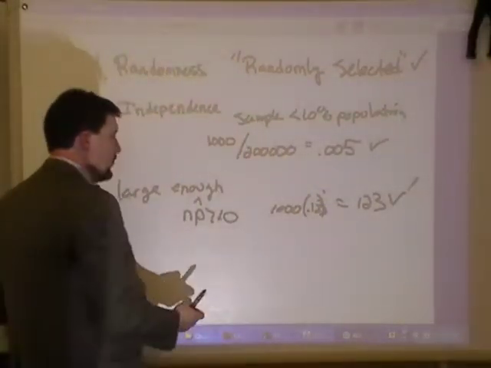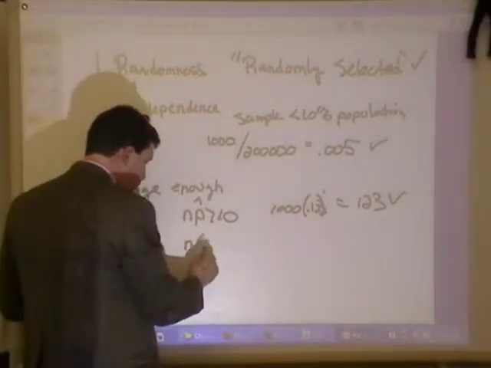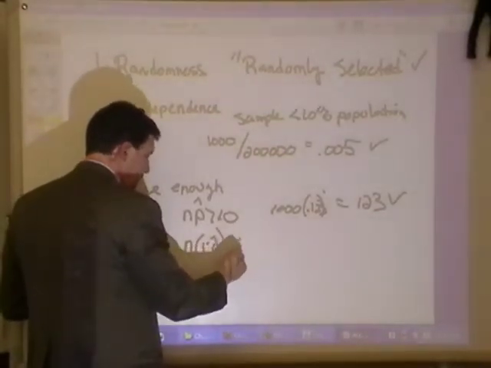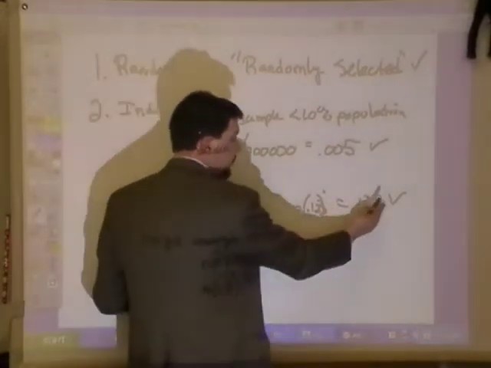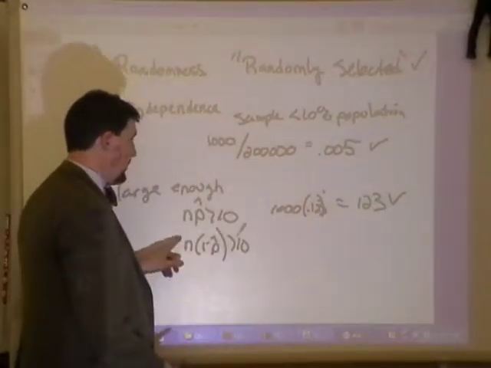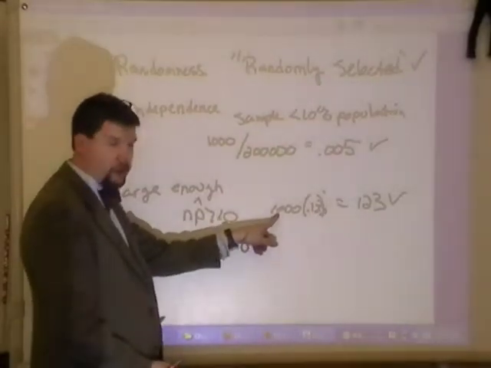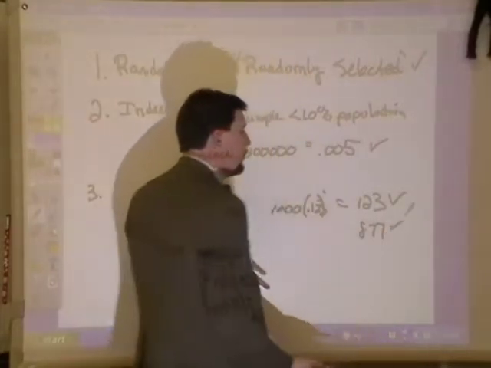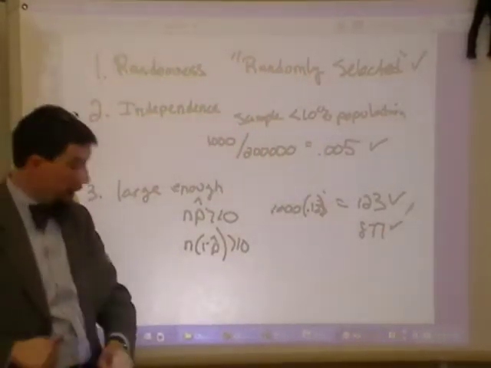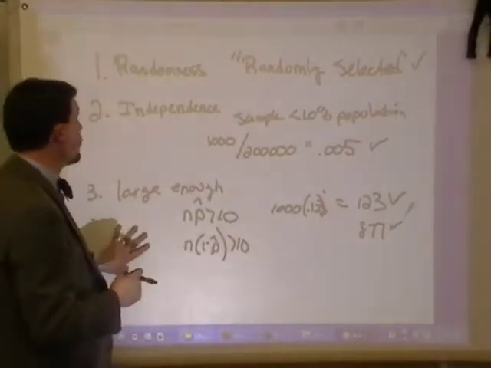Yeah, all right. So, n times 1 minus p hat has to be greater than 10. Logically speaking, if I've got 123 successes out of 1,000, how many failures do I have? 877. That's greater than 10 too. All right, conditions are met. So we're ready to go on.